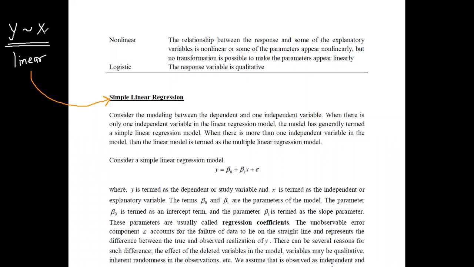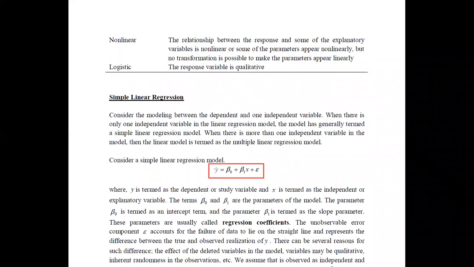Since we are going to deal with simple linear regression in this session, this is the general form of simple linear regression. The model is y equals beta naught plus beta 1 times x plus epsilon, where y is the dependent variable and x is the independent variable.